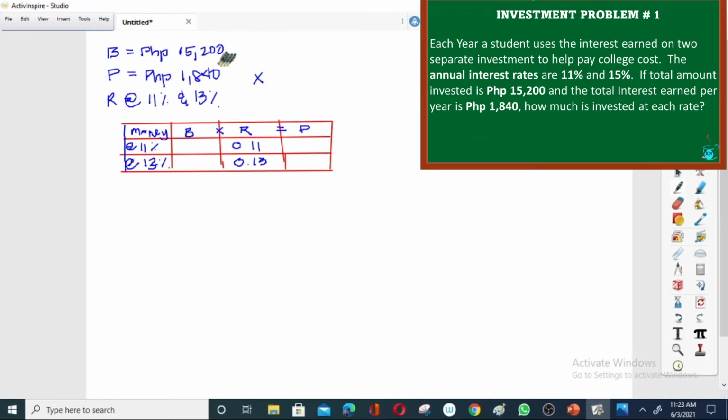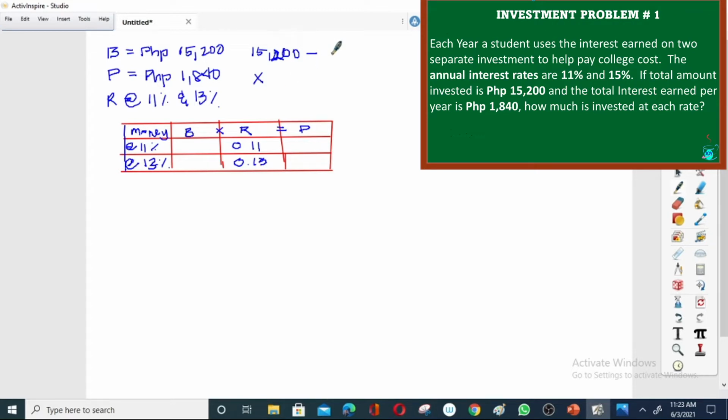So we will assign the remaining amount, 15,200 minus X, to 13%, because X is what they invested at 11%.